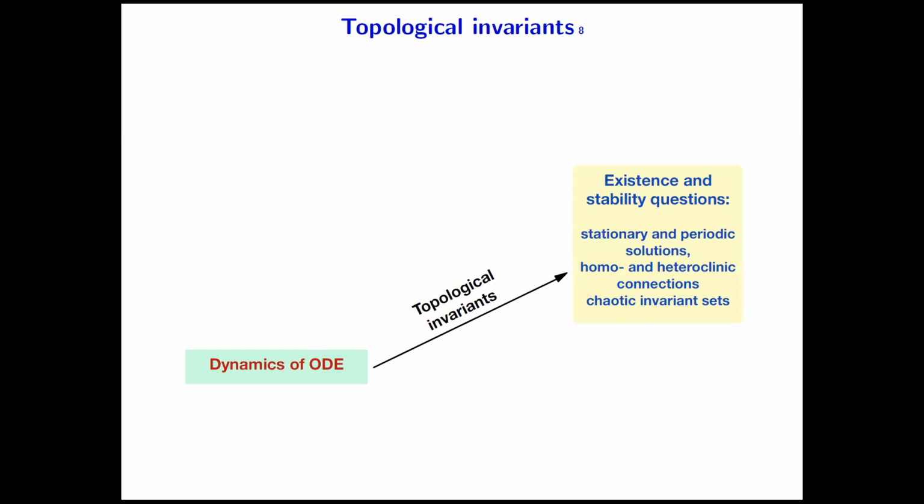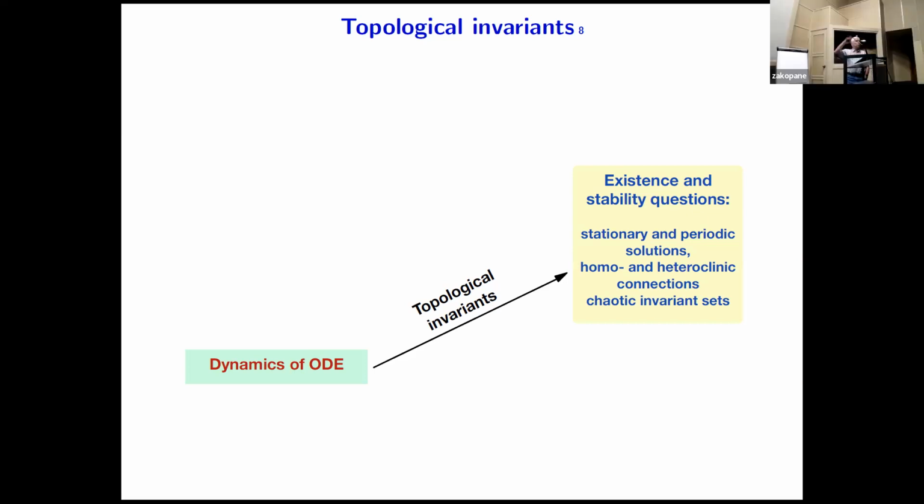They were used, and the Conley theory dates from the late 70s of the 20th century. Until the end of the 20th century, you could see many publications using these tools to prove the existence of various types of bounded solutions, not just bounded, but stationary, periodic, homoclinic, heteroclinic connections, or even chaotic invariant sets.